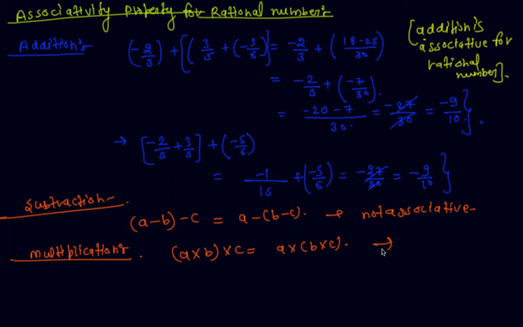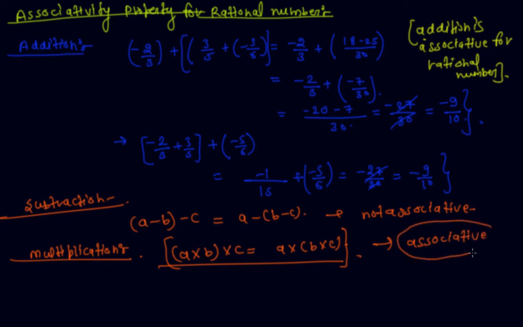Check yourself as homework: take values of a, b and c of your choice and check these two values. Then it is always equal. So multiplication is associative.